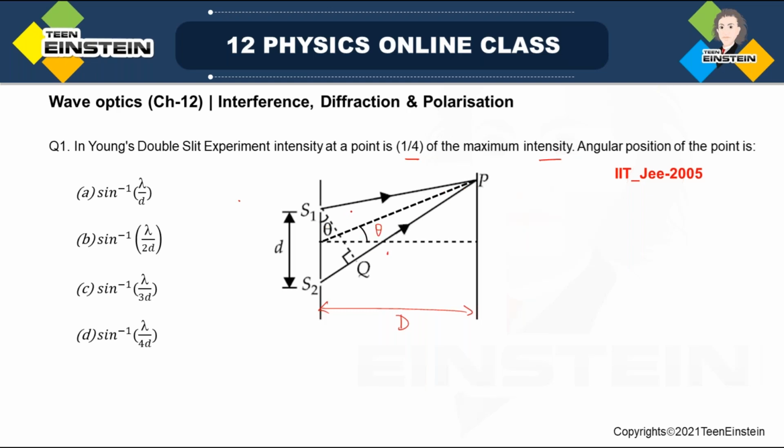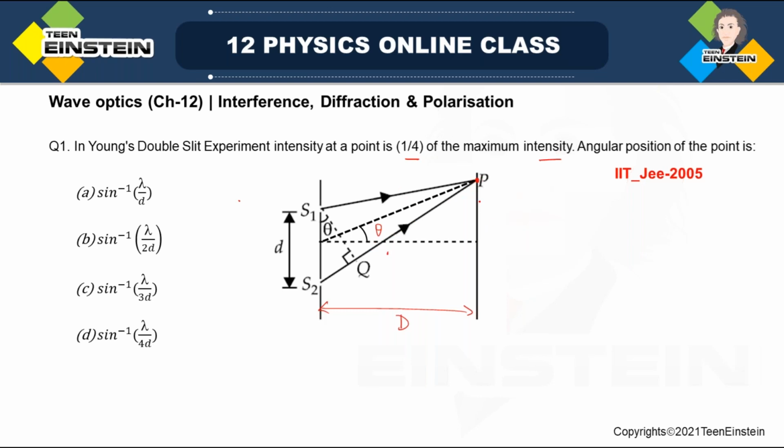So if I say that the particular point where the intensity is becoming 1/4 of the maximum intensity, let us say this is that point. So what is the angular position of this particular point? That is theta over here.